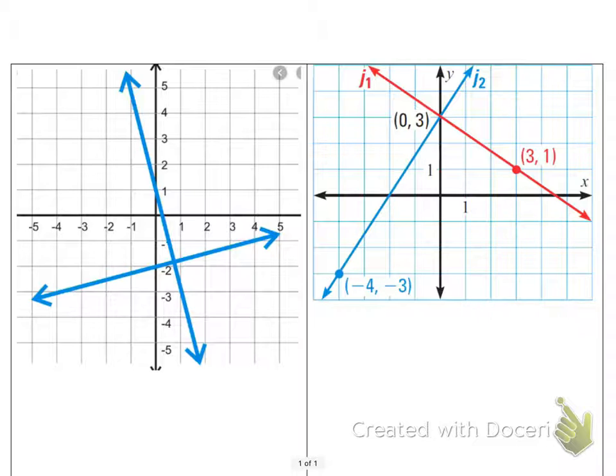Okay, the next ones. Right here, are these perpendicular? Yes. What about these? Okay. Both of these are perpendicular, in fact. So you should have had a slope for this blue line on the left right here of 3/2.